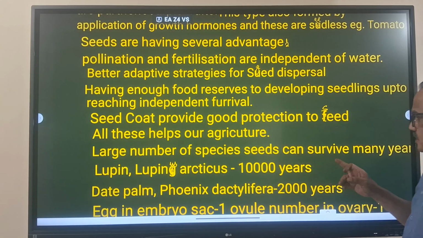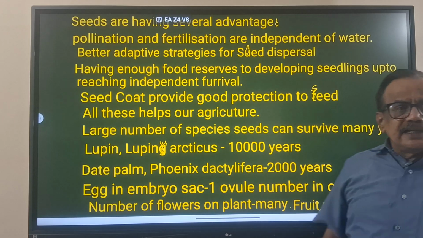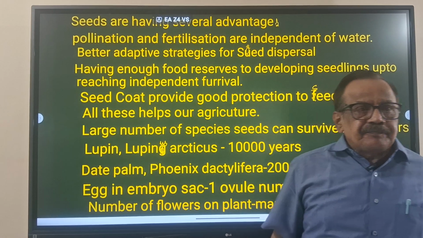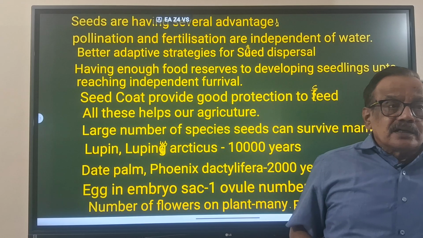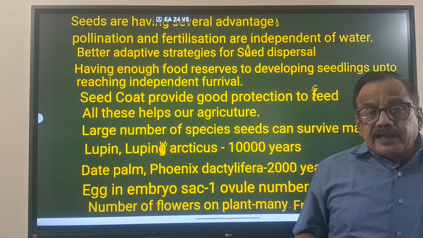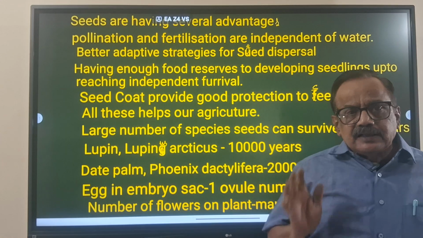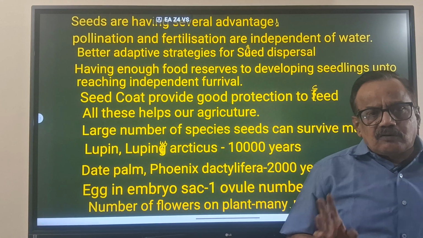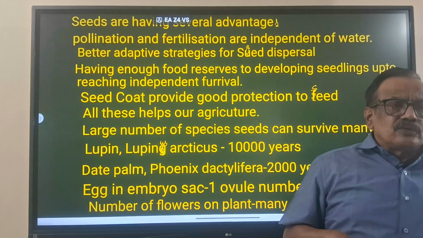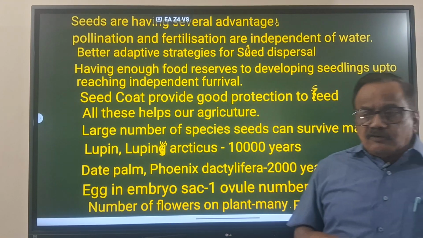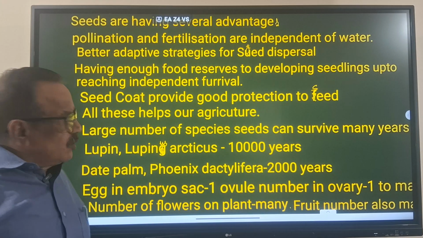Large number of the species, seeds can survive many years. The seeds are having many adaptations. What is the main adaptation? Minimized metabolic activity, dormancy. How many days? Many species used to survive the seeds for many years. For that one, he has given 2 examples.